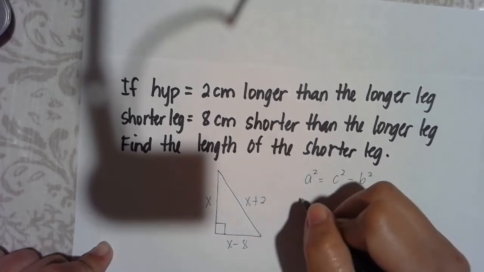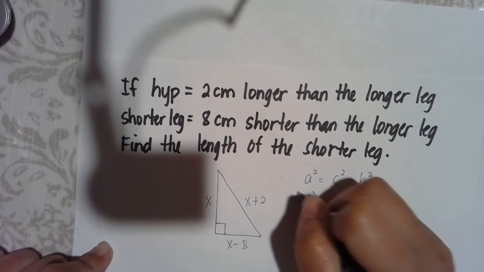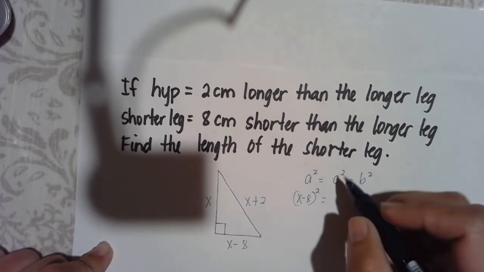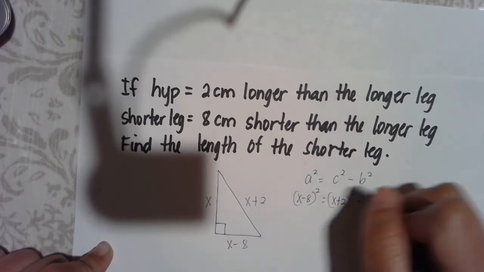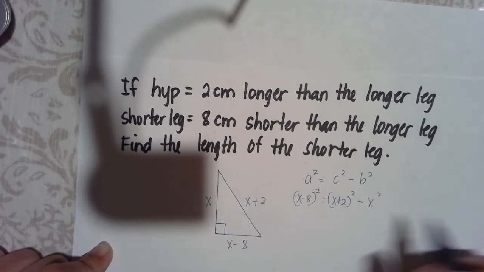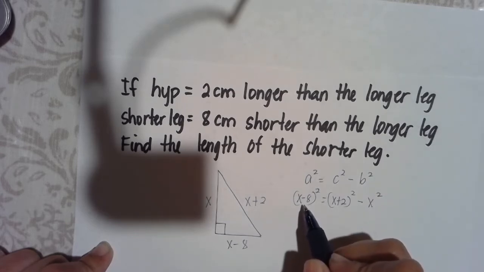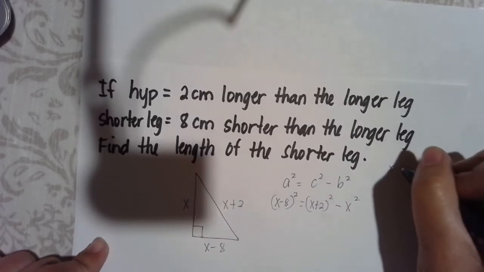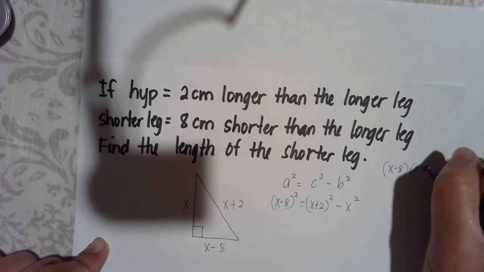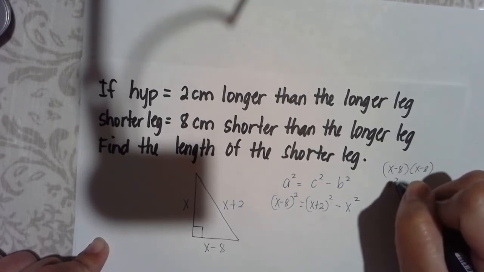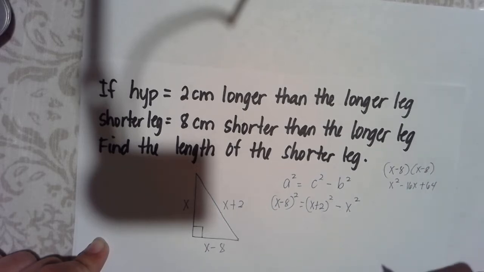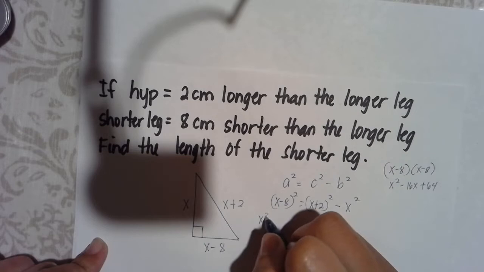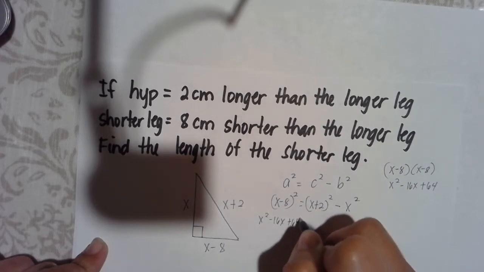So plug in. A squared is (x minus 8) squared, equal to c, which is (x plus 2) squared, minus b, which is x squared. Expanding, x minus 8 times x minus 8 gives x squared minus 16x plus 64.